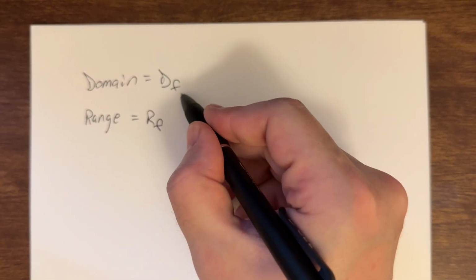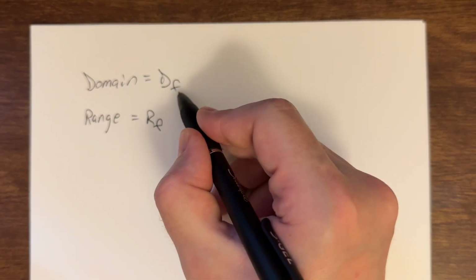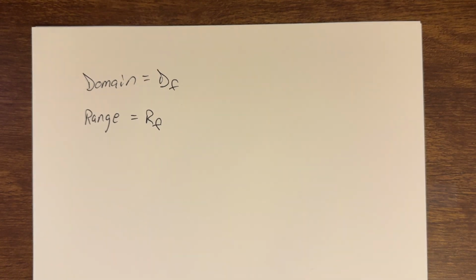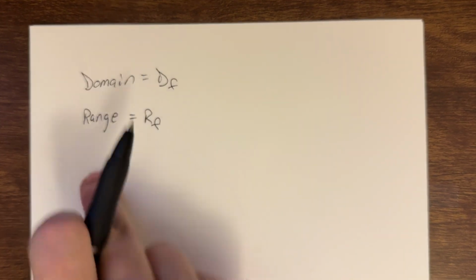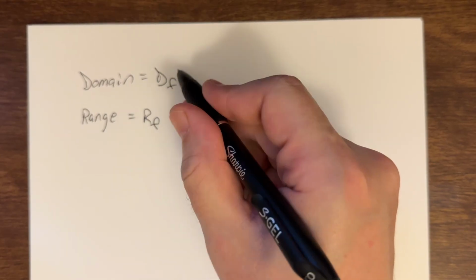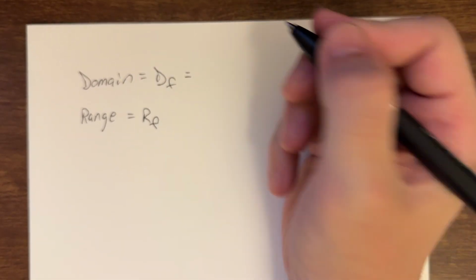Capital D sub f makes it very clear you're talking about the domain of function f. Capital R for range of function f. But again, our book very nicely always writes it out. That's more for people who go to pre-calculus. That'll be something you'll need to get used to. But the idea is very simple.